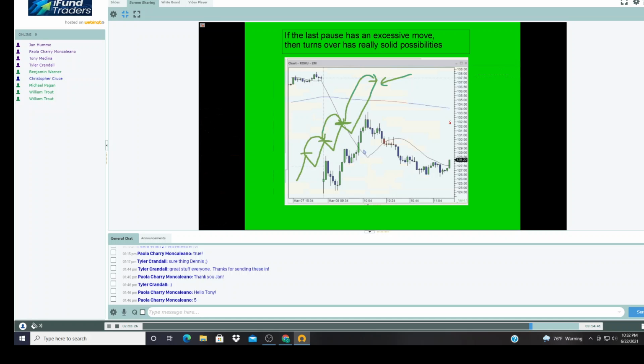You had the whole number, the topping tails, the 180 bear, halfway back, made it halfway back, and then rolled over. The last leg was longer. In this case, the extended last leg, great possibility it's going to roll over. So it doesn't happen all the time, but 70-80% of the time, it's going to do it.